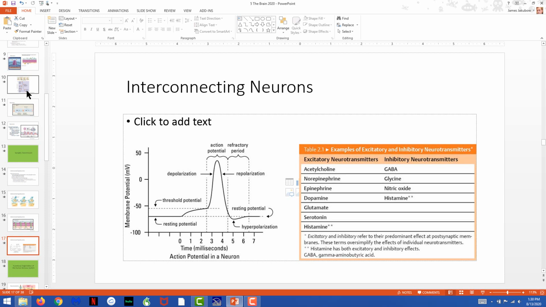Some of them are universally inhibitory or excitatory, like acetylcholine is universally excitatory. GABA is universally inhibitory. But histamine can be inhibitory or excitatory depending upon where in the nervous system it is and the surrounding biochemical environment to it.